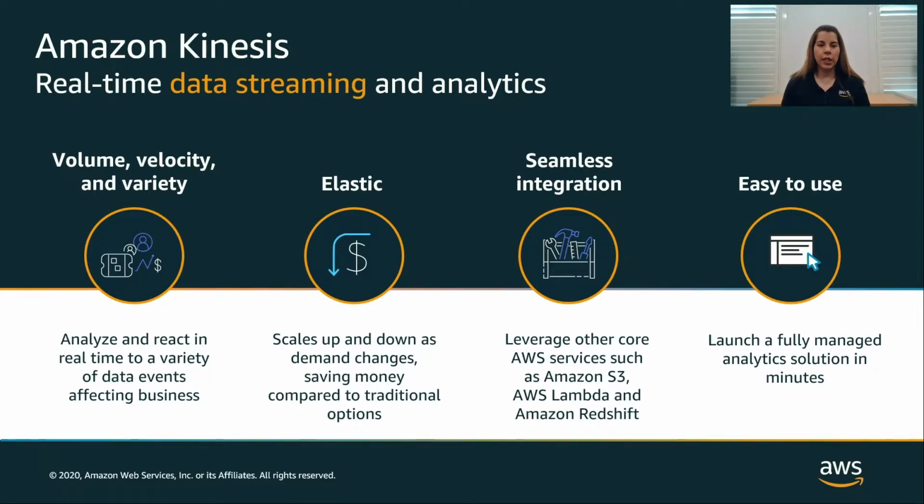You're using Kinesis to form a data stream, to move data from a consumer to another service, for example from web clicks to, say, Amazon S3, which is what I'm going to show you later on in the demonstration. It can also leverage other AWS services like AWS Lambda and Amazon Redshift. It's also quite easy to use, and it's a fully managed service.